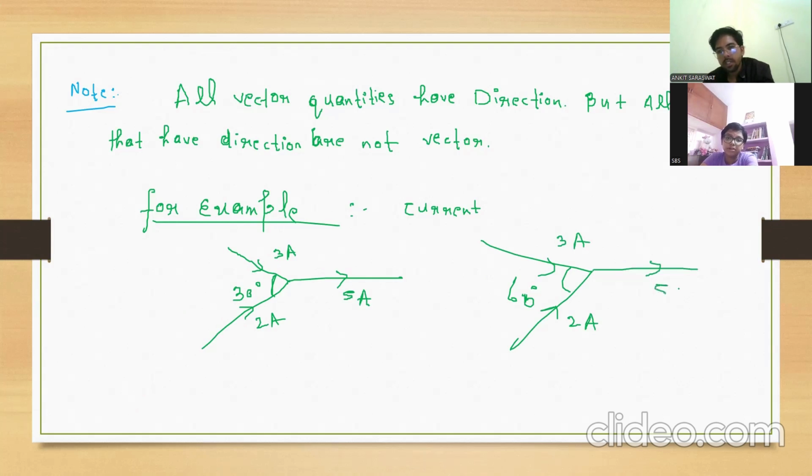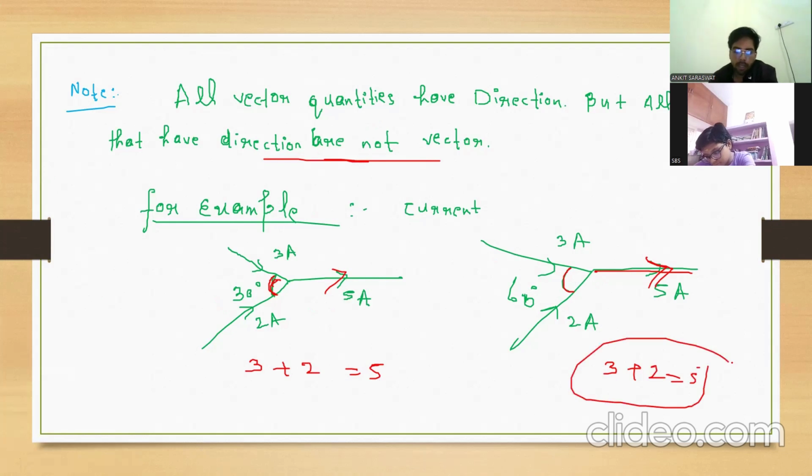Again 5. So even if we change the direction, the resultant does not change. It is always 5 ampere. We are adding like algebra: 3 plus 2, 5.